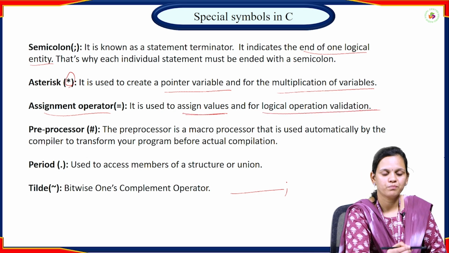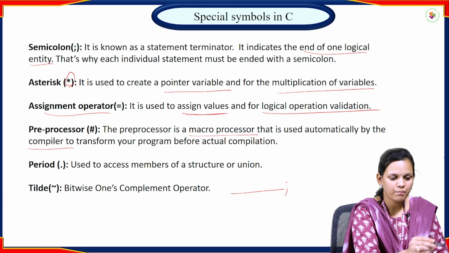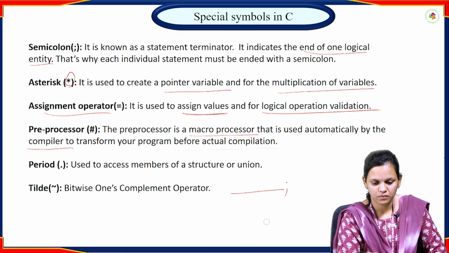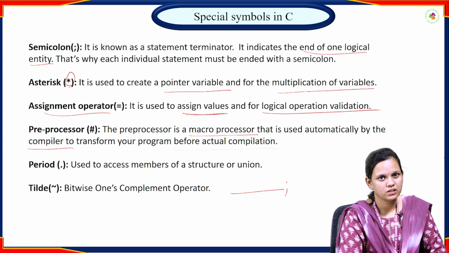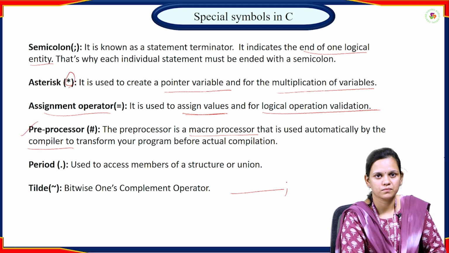And then we have the preprocessor. The preprocessor is a macro processor. It is used by the compiler to transform your program before actual compilation. We use the preprocessor above the main function, like include stdio header files, and when you define constants above the main function.